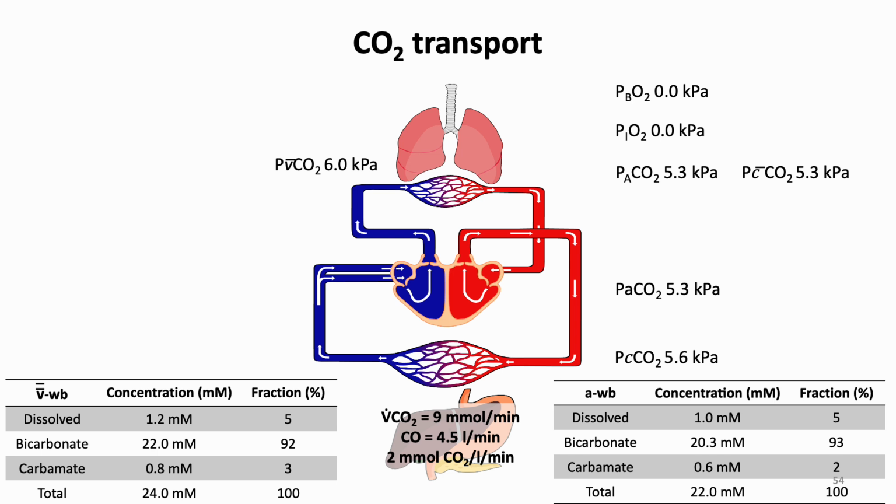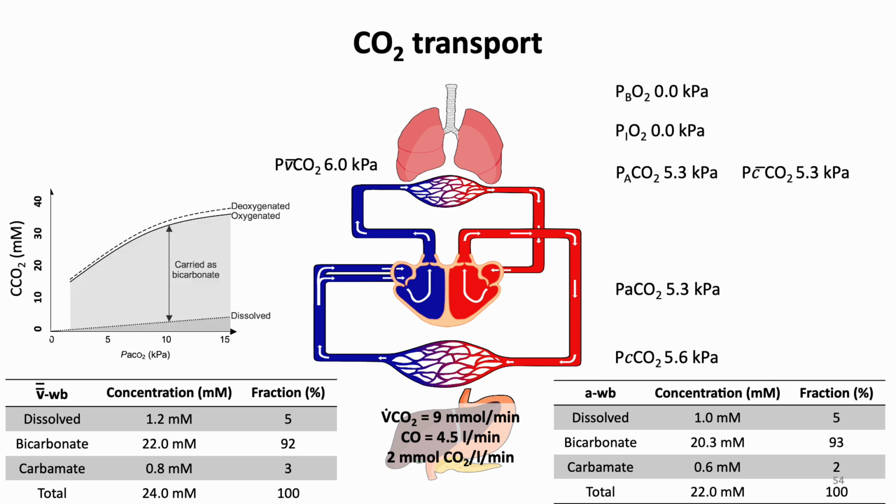Now, even though only 5% is transported in the physically dissolved form, the so-called CO2 dissociation curve is somewhat linear. It's at least more linear than the sigmoid-shaped oxyhemoglobin dissociation curve, and that's what I'm trying to show here.